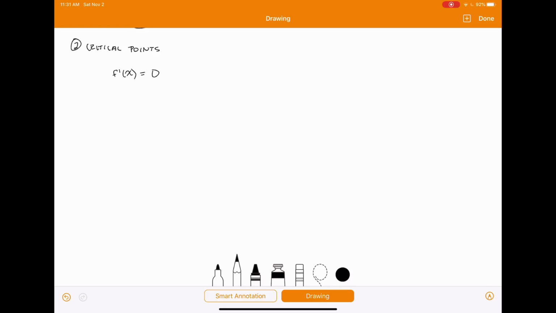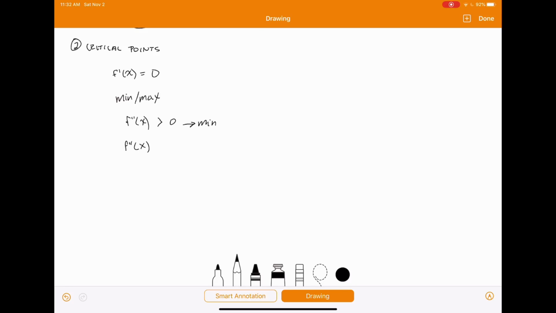Okay, you're also going to be able to tell if those critical points are mins or maxes by using the second derivative of x. If that's greater than 0, you're going to have a minimum.